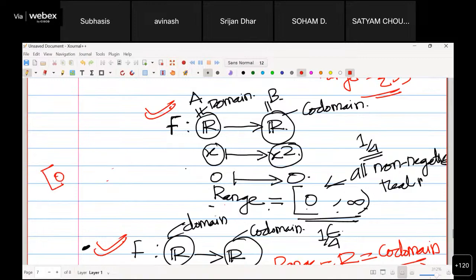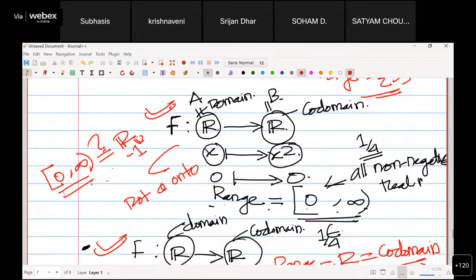0 to infinity. So the question is whether the codomain R equals this range. No, right? Because minus 1 is in the codomain, but minus 1 is not in the range. So this is not an onto function.